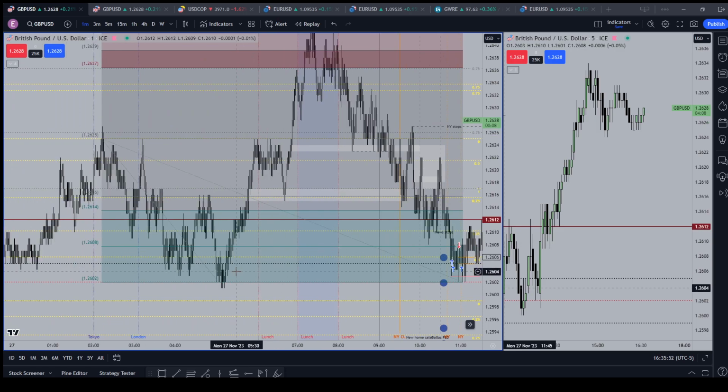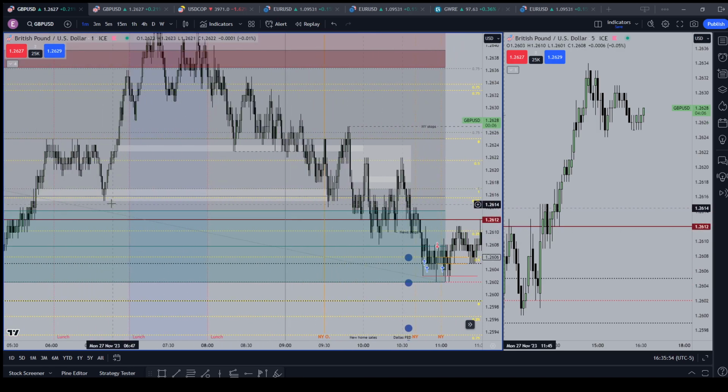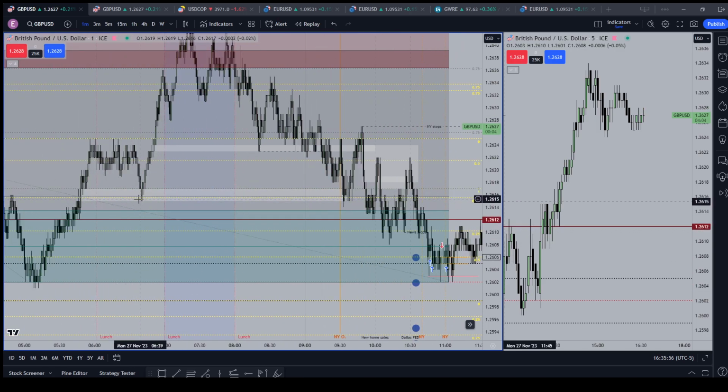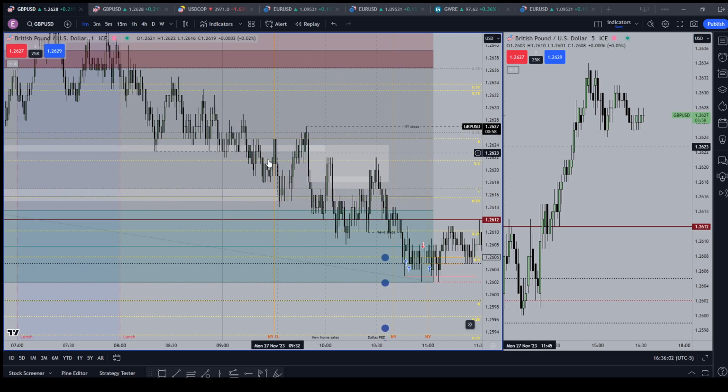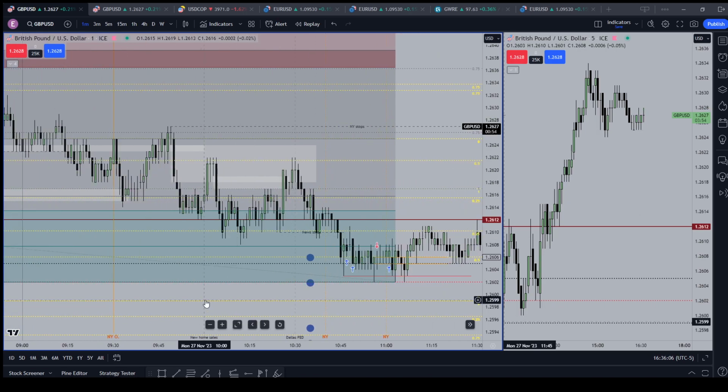So we basically took out the lower portion of the European lunch at the New York opening. Then we have first the new home sales. We go higher, and then we stopped out the longs here, going lower.